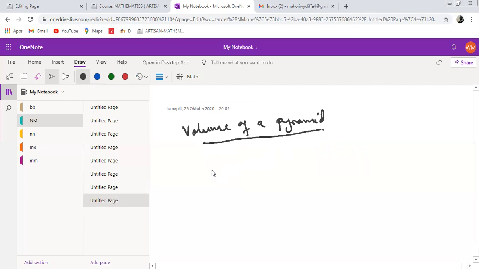The volume of a pyramid is normally given by the formula a third times the base area times perpendicular height.